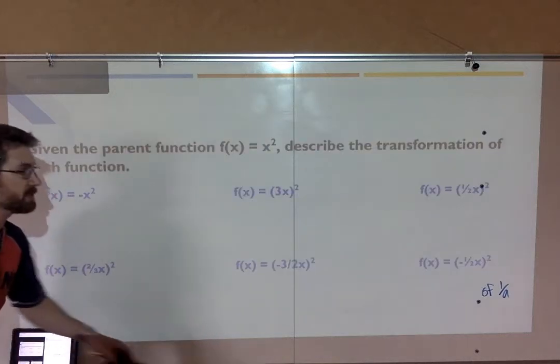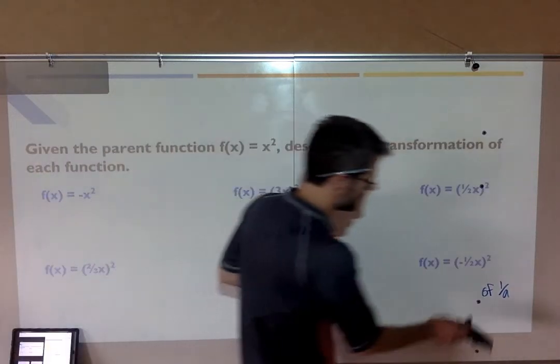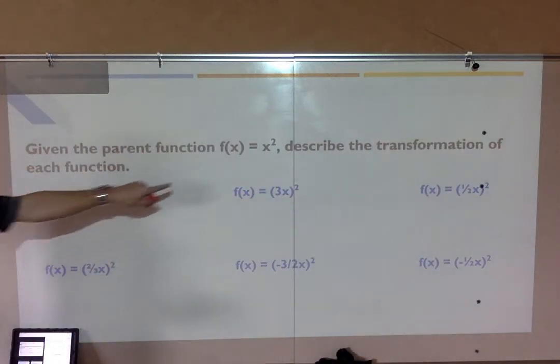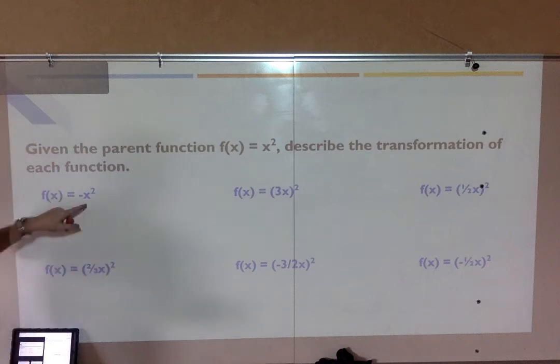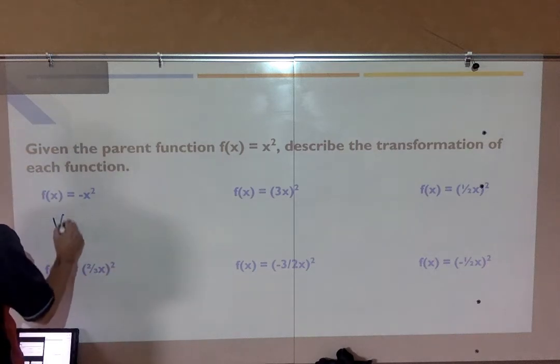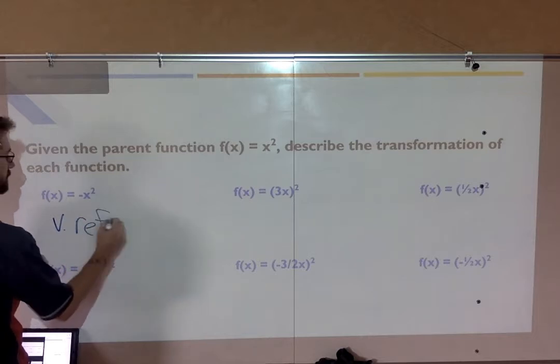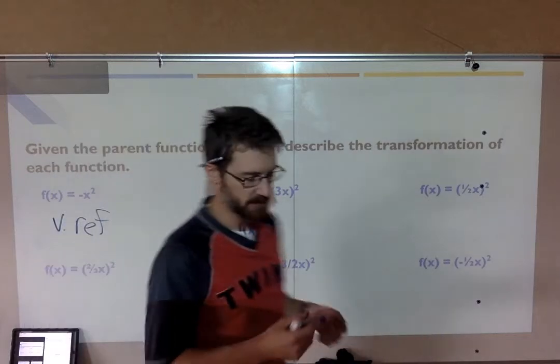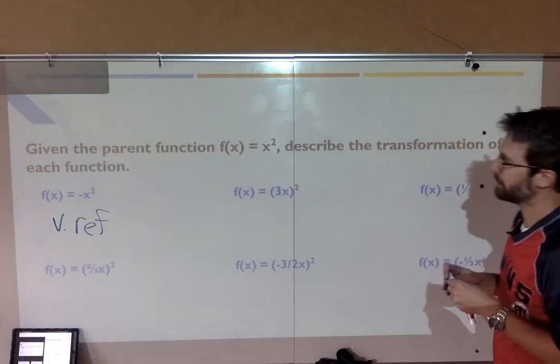All right, so taking a look at this, describing these transformations. I'm going from x squared as my parent function to now negative x squared, no parentheses here, so it's vertical. This is going to be a vertical reflection. VREF, again, abbreviate as much as you feel is necessary.